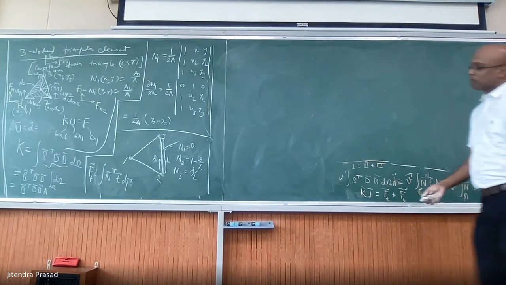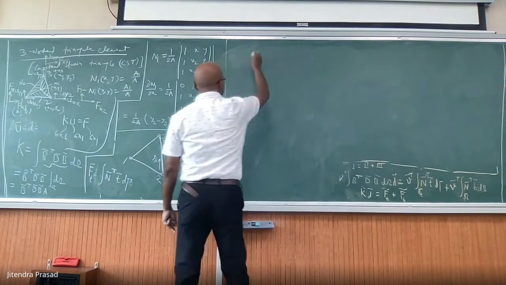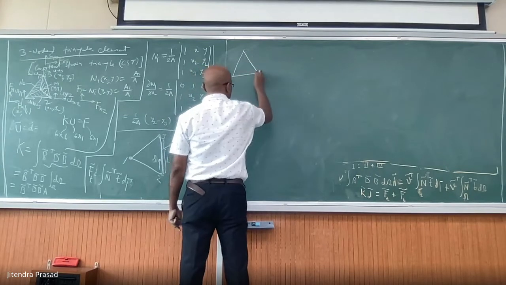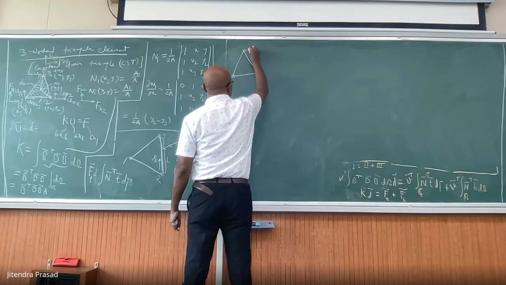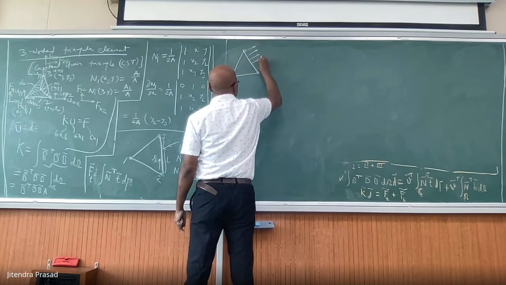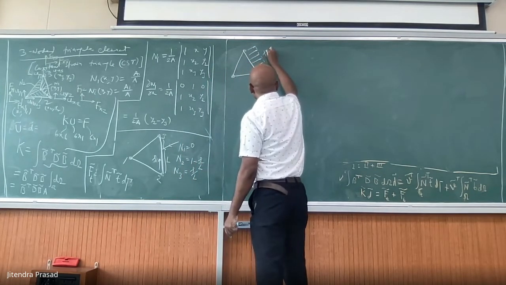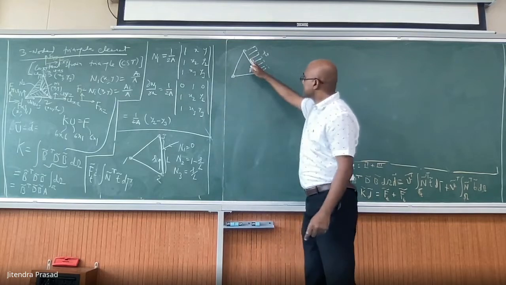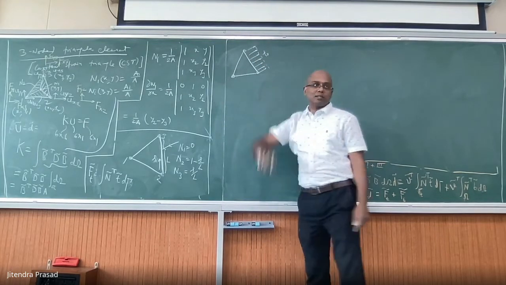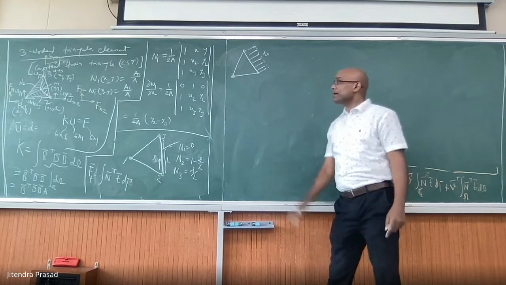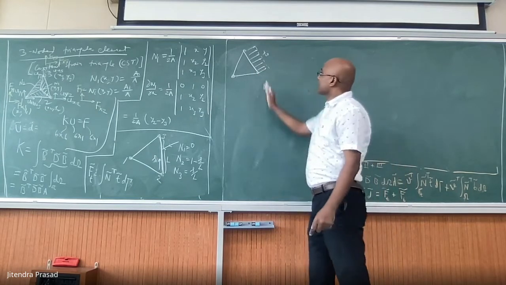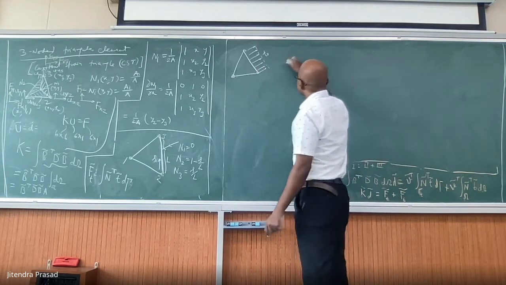So that really means that, let us say you have a triangle like this, and you have forces here like this. Let us say this is given by T naught, and this vector is perpendicular to this, constant. Then what happens?